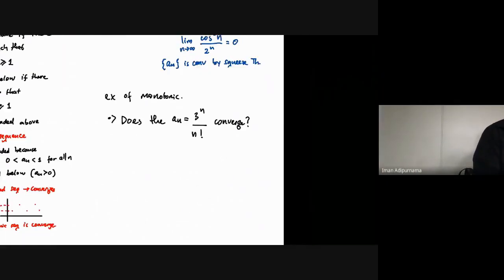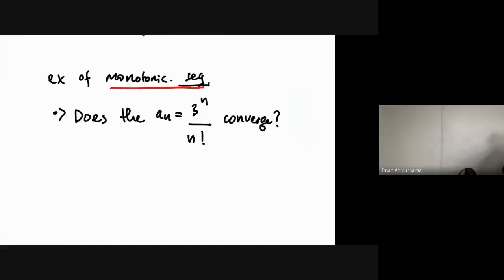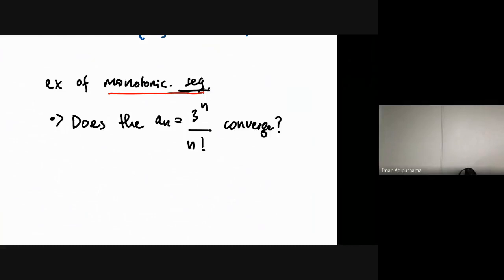Okay, this is interesting. The question is just asking: you have the formula here, 3 with the power of n over n factorial. Is this converged or what? How do we know if it converges or not? First, we can plot. Try 1, 2, 3, maybe until 4 or 5, and you can see what will happen.